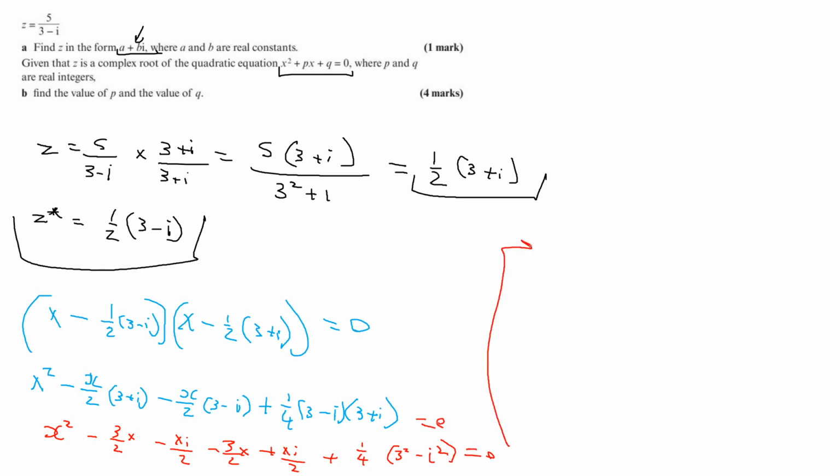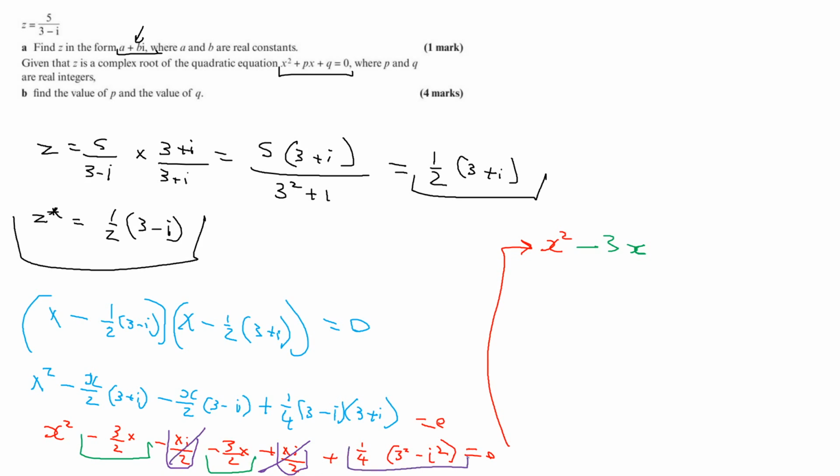Okay, so now let's put it up here. What we're left with is x squared. Let's look at our like terms. Minus 3 over 2 minus 3 over 2, so that's just going to be minus 3x. Let's look at our i terms. Oh, look, this is minus, this is plus. They cancel out.